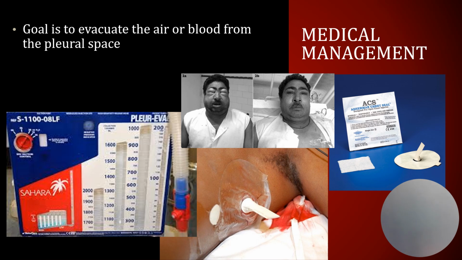If you look at the picture in your slide, you can see the device that is forming a seal around the open chest wound, and it is allowing air to escape but not allowing air to go back in with inhalation. Now, if the pneumothorax is mild, it may not require any treatment other than monitoring. Otherwise, oxygen therapy and chest tube insertion.